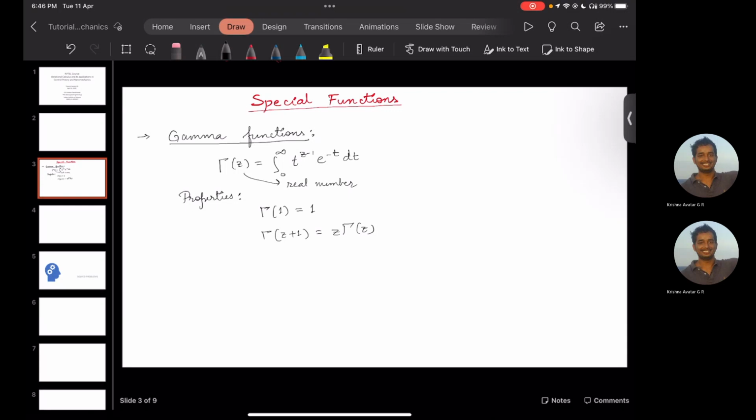And if z is an element of the positive integers, then gamma of z is equal to z minus 1 factorial. So when our argument happens to be a positive integer, we use the traditional factorial.